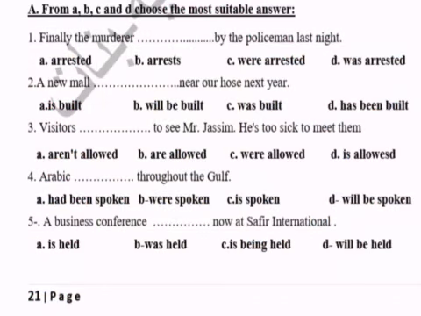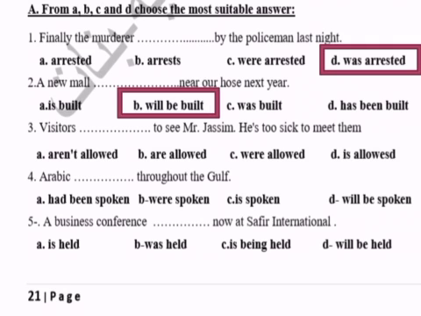Now, let's choose the correct answer according to the rule. Number 1. Finally, the murderer by the police. So it will be was arrested. Great. Number 2. A new mall near the house next year. So will be built. 3.